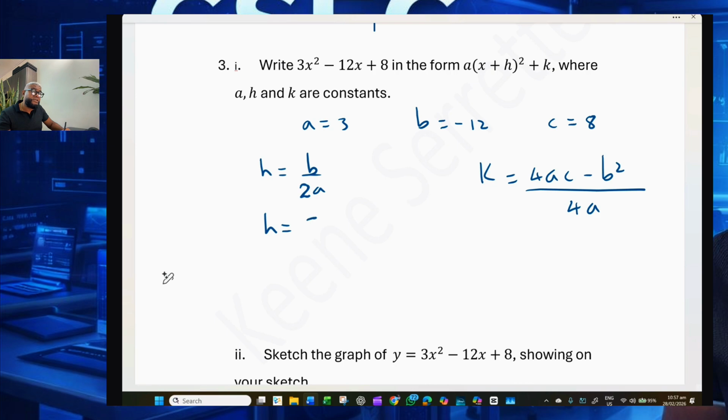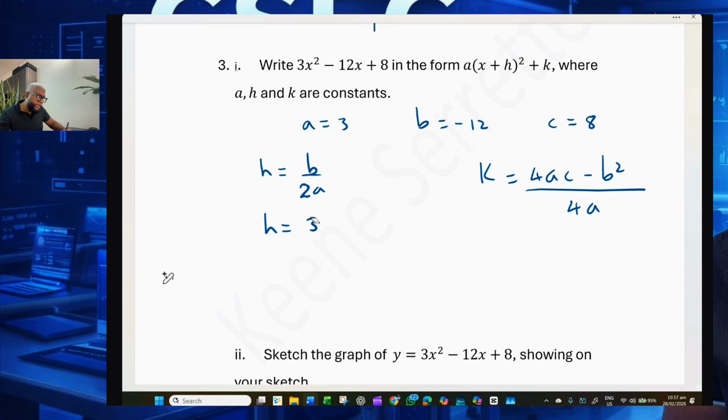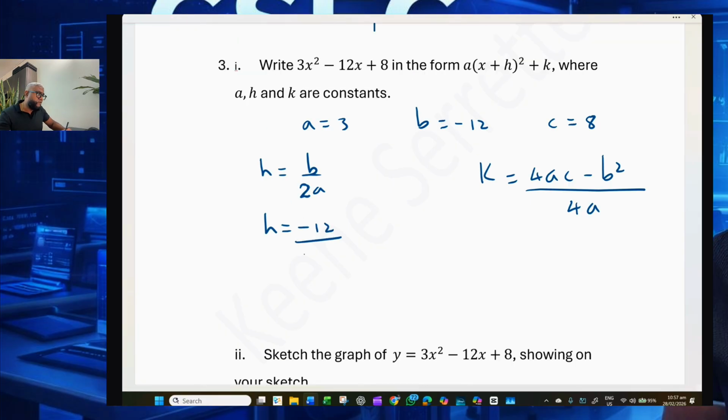H will be equal to -12 over 2 by 3. This will be h is equal to -12 divided by 6, which gives me -2.